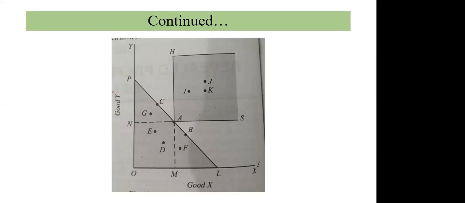So he will only be able to purchase a combination within or on his budget line. Suppose he chooses combination A.